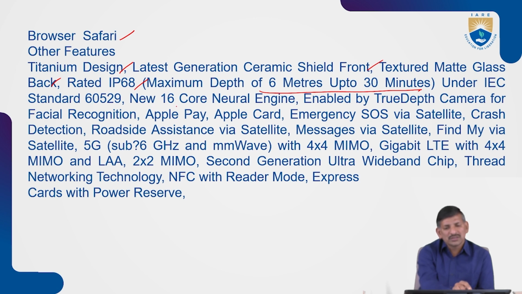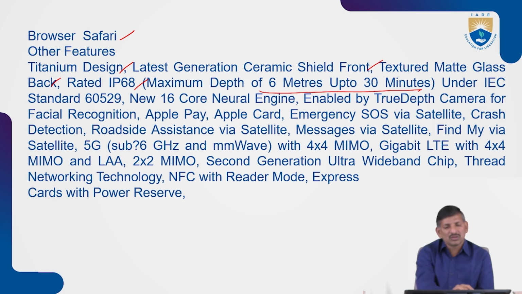It contains a new 16-core Neural Engine, enabled by TrueDepth camera for facial recognition to identify faces. Apple Pay for online transactions. Apple Card. In emergency cases we can use SOS via satellite even without network.